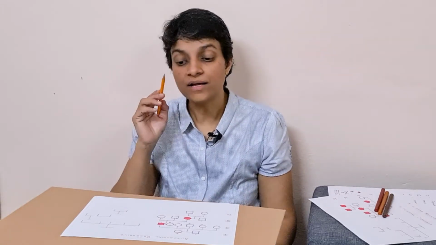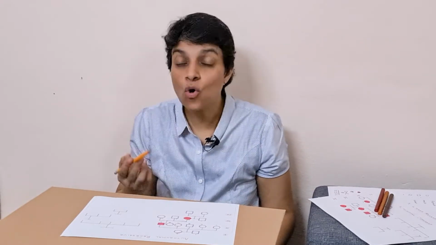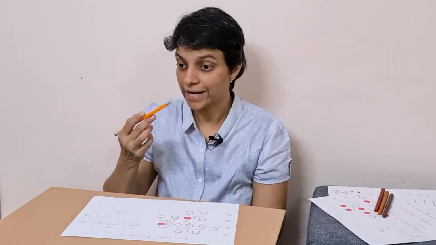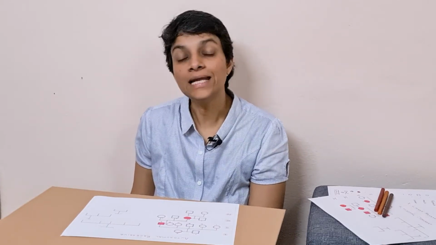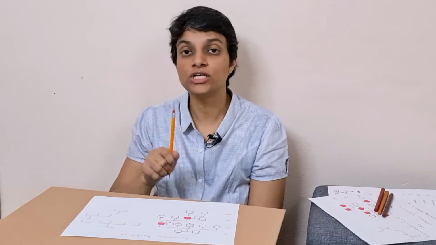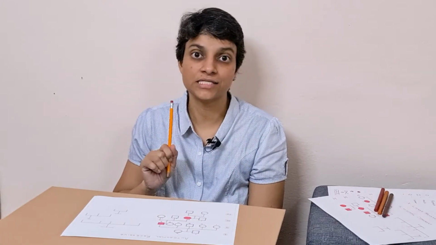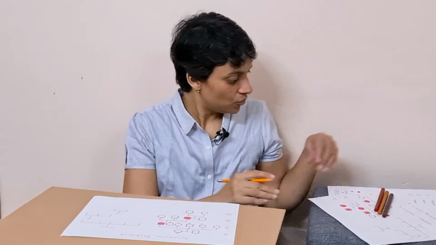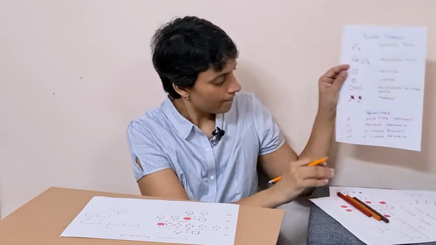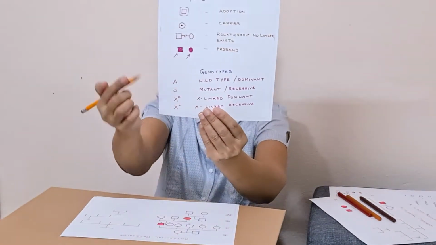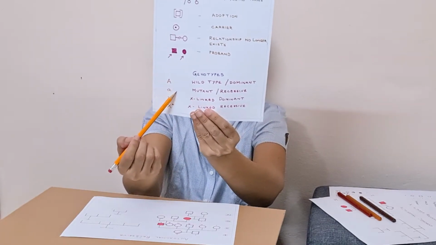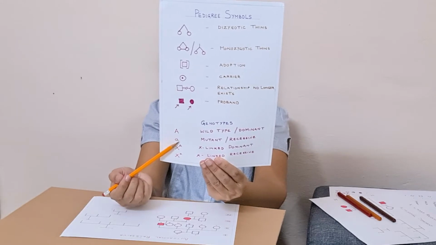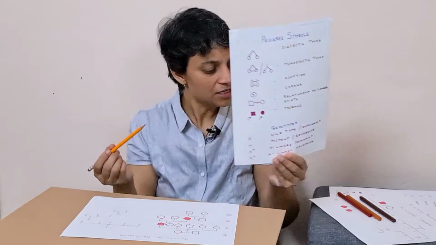That means a recessive disease can express itself, you can see the visible phenotype, only when the genotype is homozygous recessive. We saw the genotypes here. Small a is the recessive. So if it is small a, then only it will show the disease.